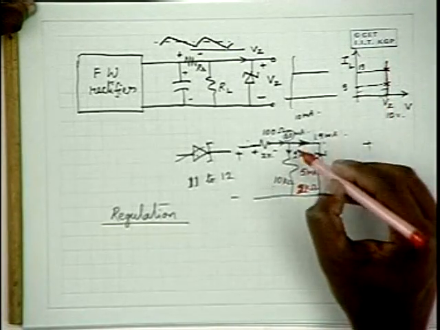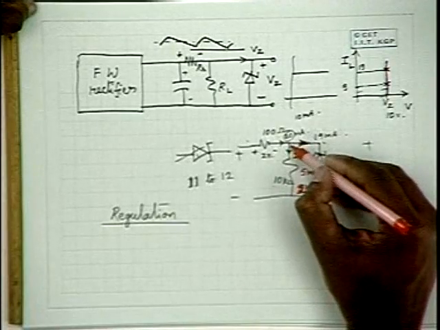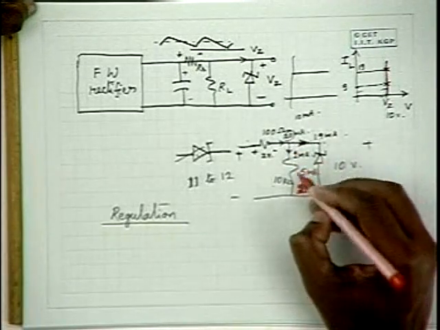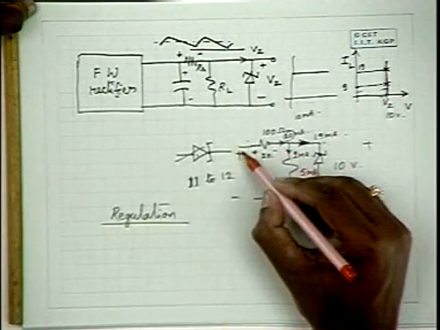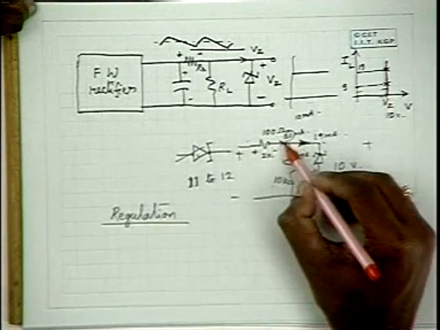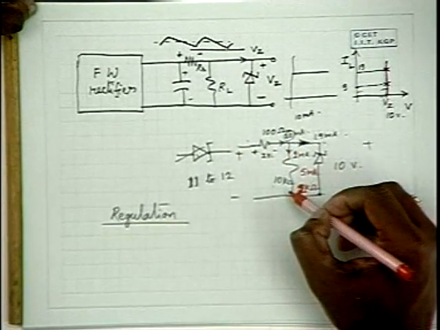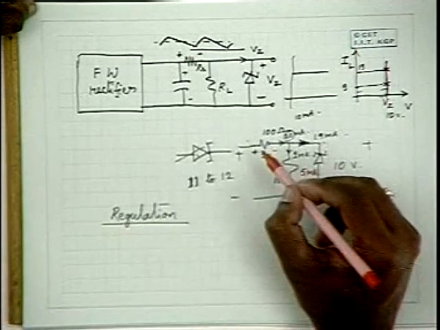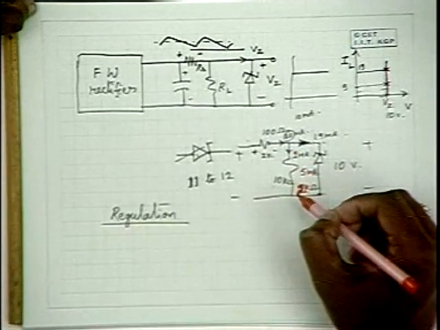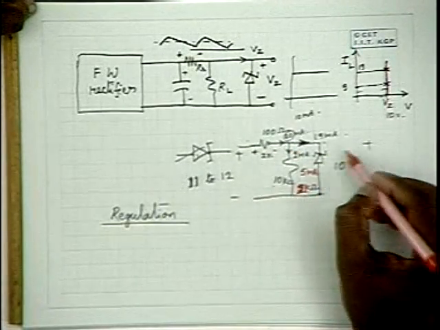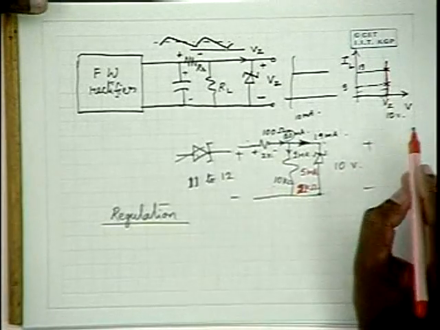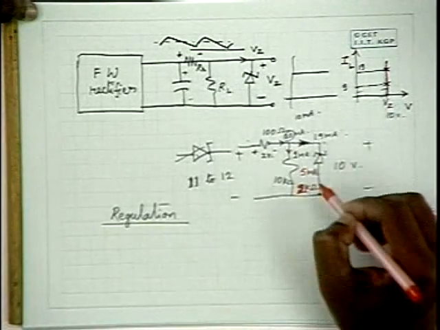If you try to reduce the resistance further and make it 100 ohms, this 12 volts will get divided between this resistance and this resistance, and it will become 6 volts. When it is 11, this would be 5.5 and 5.5, and this voltage is less than 10 volts. Therefore, the zener doesn't come into the picture, and the zener is like an open circuit.